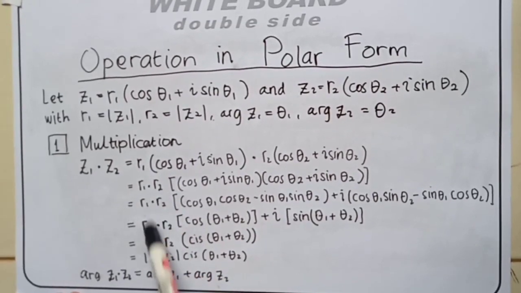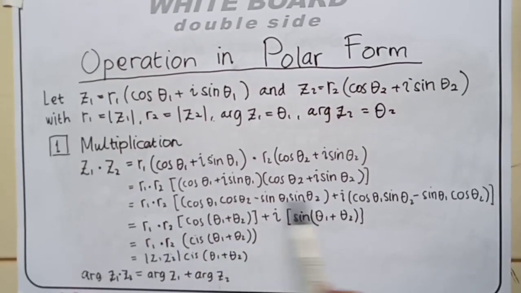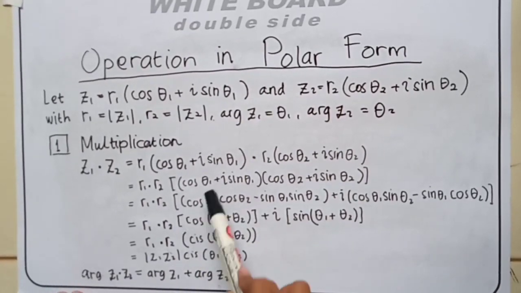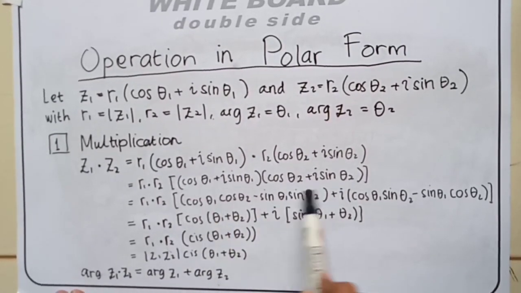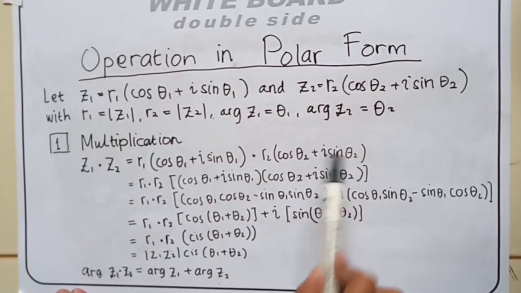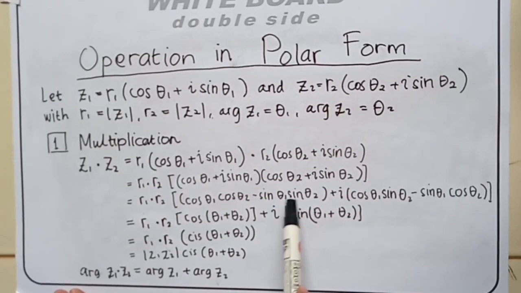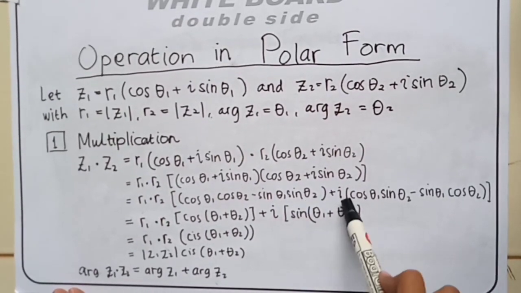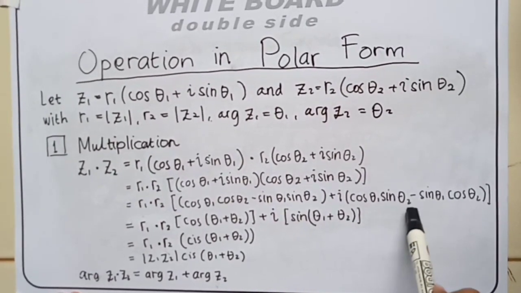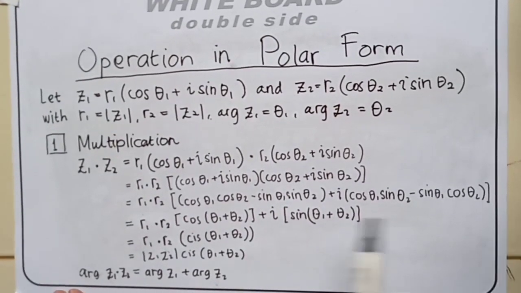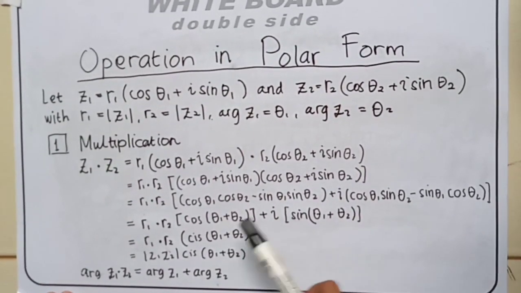This is the same, and we simplify this form. We multiply as usual, so we get cos theta 1 cos theta 2 minus sin theta 1 sin theta 2 plus i (sin theta 1 cos theta 2 plus cos theta 1 sin theta 2).